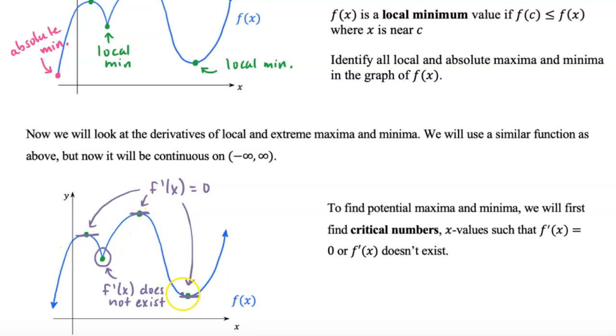So we've already discussed this. To find potential maxima or minima, what we're going to do is we're first going to find the critical numbers, which are x values such that f prime of x is equal to 0 or f prime of x doesn't exist. So we're going to find where the derivative is either equal to 0 or the derivative does not exist.